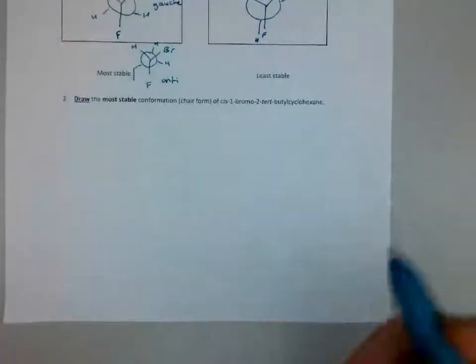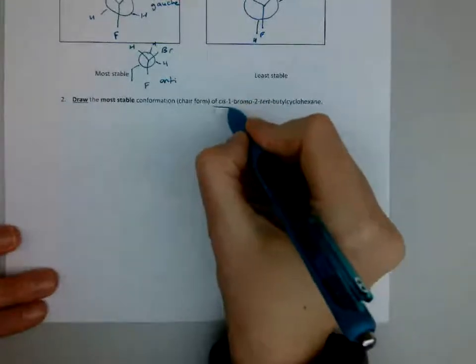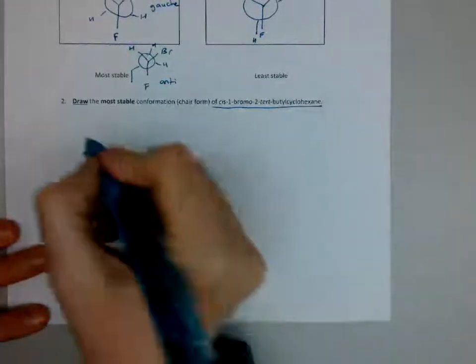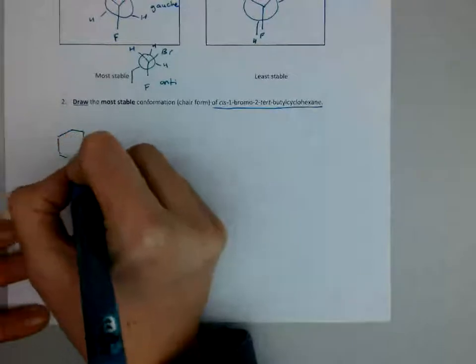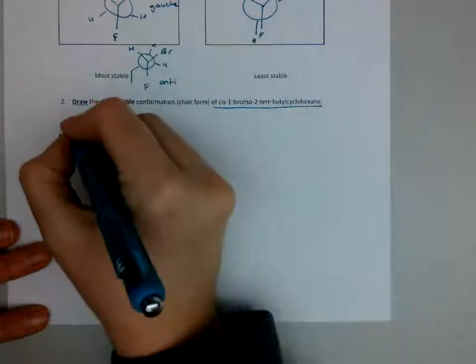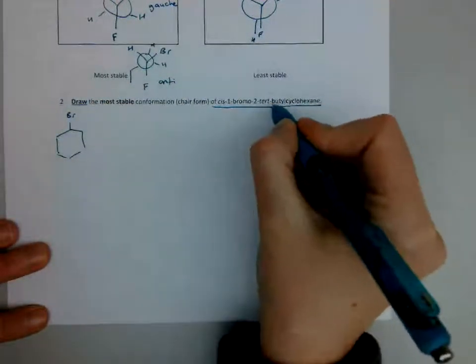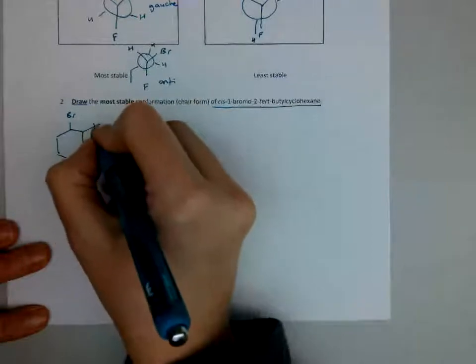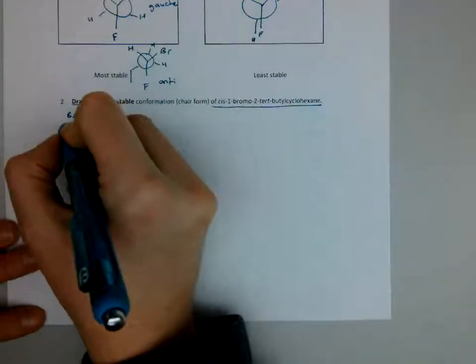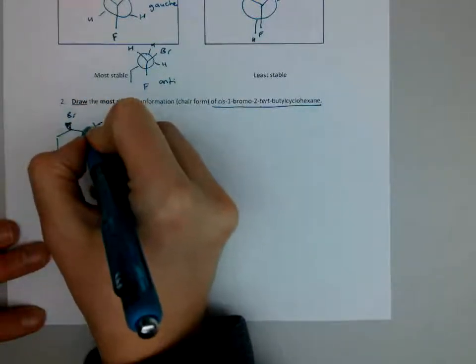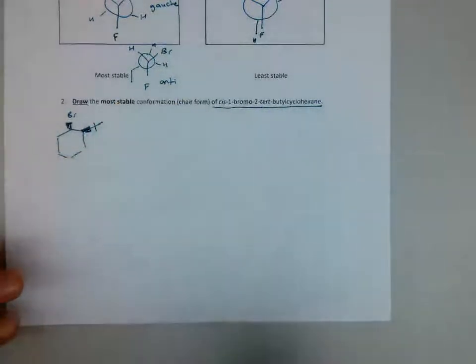Okay, next I'm going to draw the most stable conformation, so that's going to be usually the chair form of tert-butyl cyclohexane. Let's see, so 1-bromo, 2-tert-butyl, and these are cis to each other, so they're both going to be either wedges or both dashes, whatever works as long as they're the same.